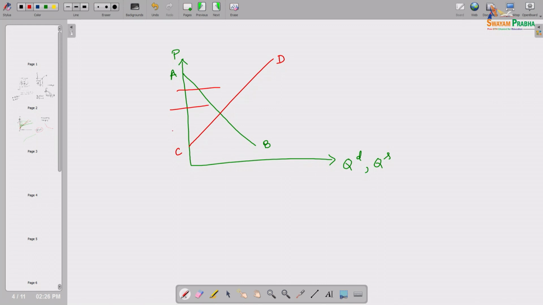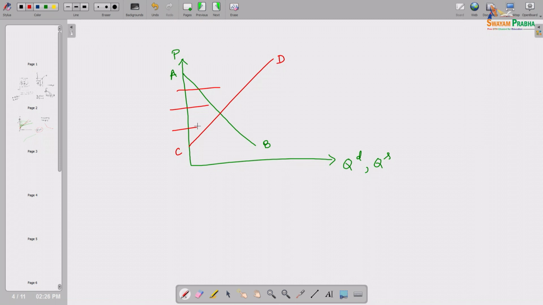Equilibrium in this kind of framework will have two components: equilibrium price and equilibrium quantity. When we are talking about equilibrium, we can think of so many alternative possible prices, this price level, that price level. For the equilibrium price, we are searching for that price level at which quantity demanded and quantity supplied are exactly the same.